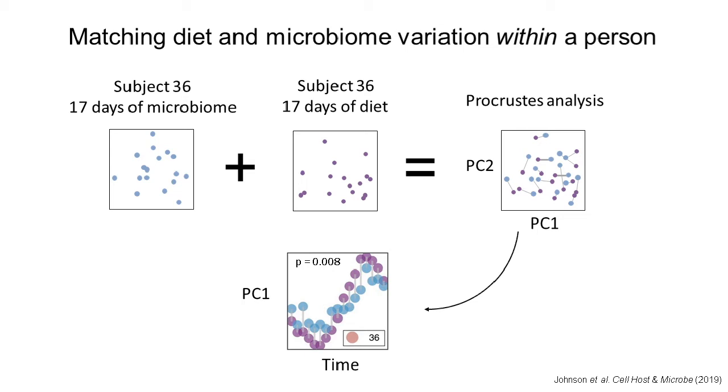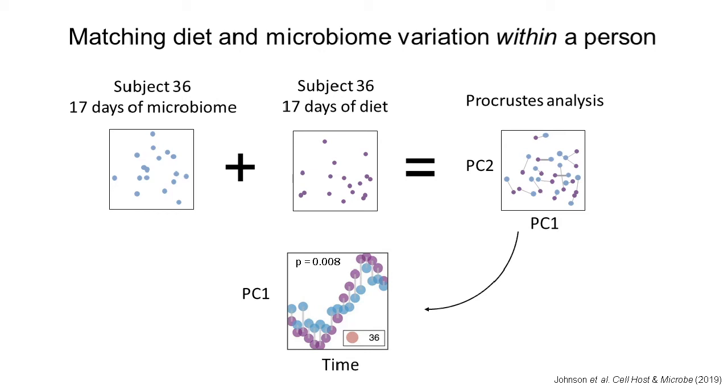For this analysis, we'll do the exact same thing. We're going to take the principal coordinates analysis of one subject's microbiome. So this is all 17 days from subject 36, for example. Then we'll take the same thing for their dietary intake using unifrac distances on the food tree data and try to line them up and find out if they correspond.